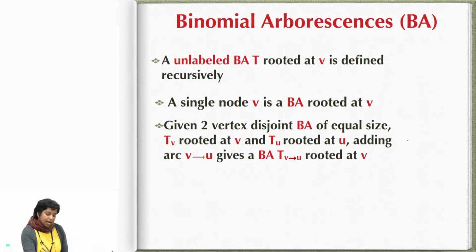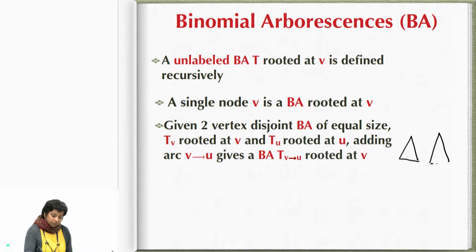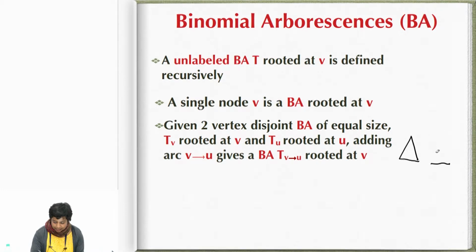Now imagine I have a situation where I am going to tell you the definition. I have two trees, and it is important that the sizes are the same. Again, I've managed to make this somewhat bigger, but you get the picture. So these are the two trees, with roots say U and V. Now I say these are the two trees, I will create a bigger binomial arborescence using these two trees.